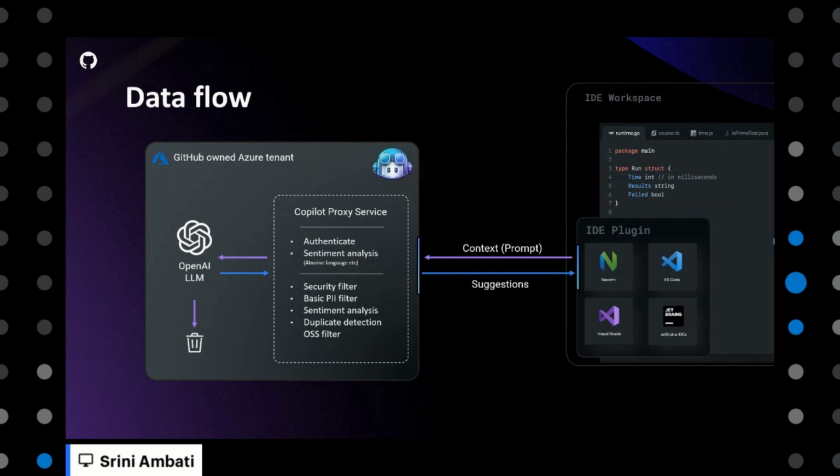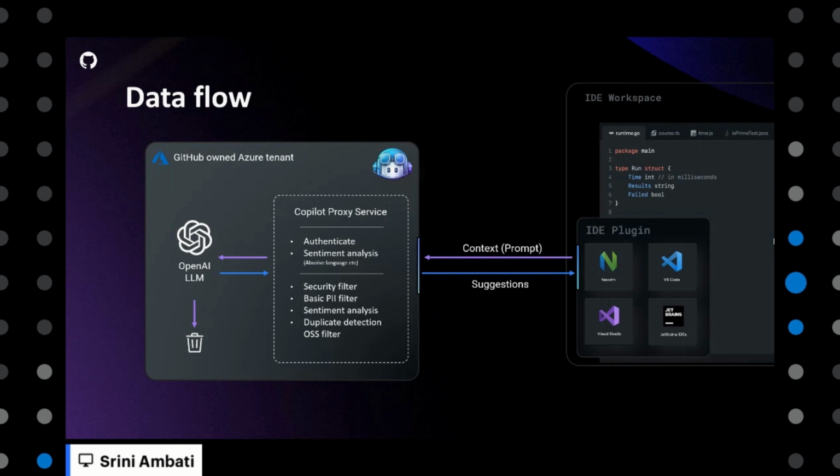What exactly happens when we call the GitHub Copilot proxy is we authenticate you. We also do sentiment analysis to clean up any abusive language that somebody might have entered, and also look for any sensitive information like connection strings or passwords. This proxy service will clean up all those things and then call the LLM and get the response.